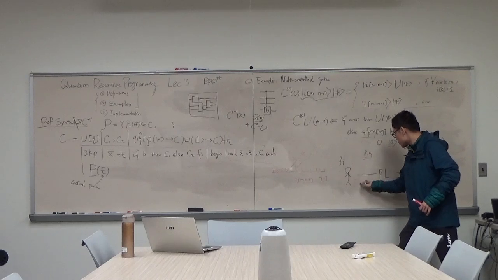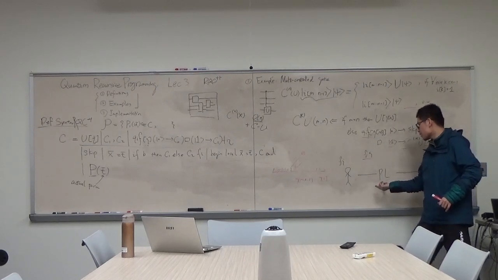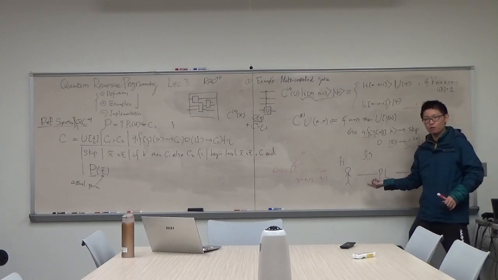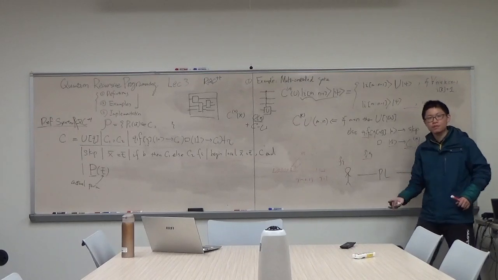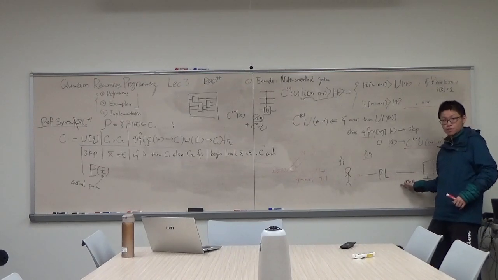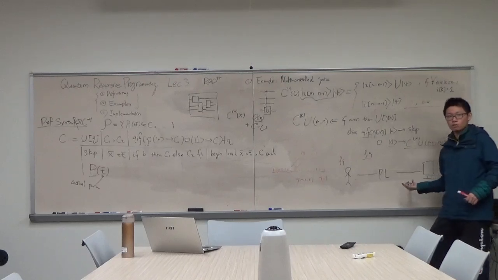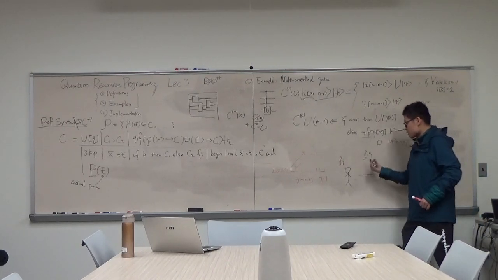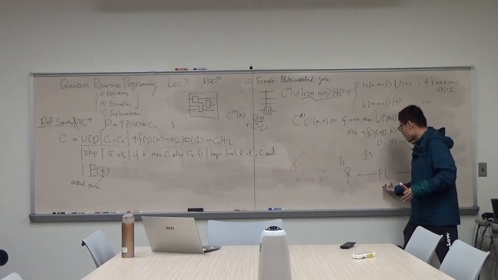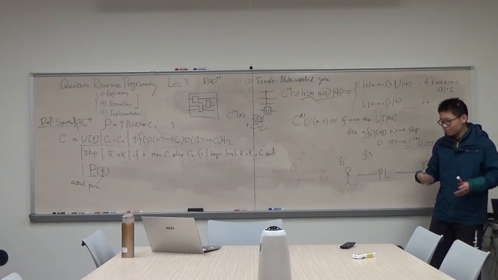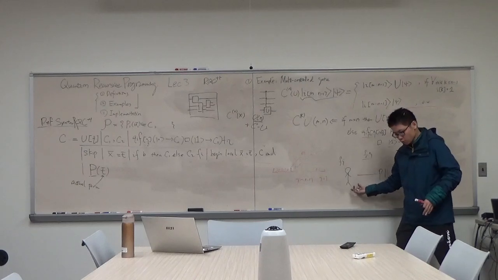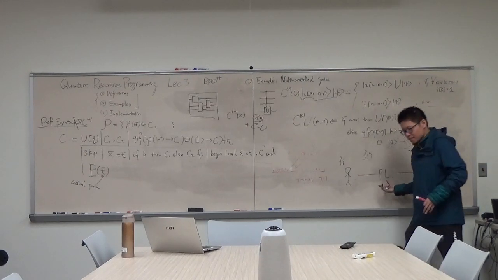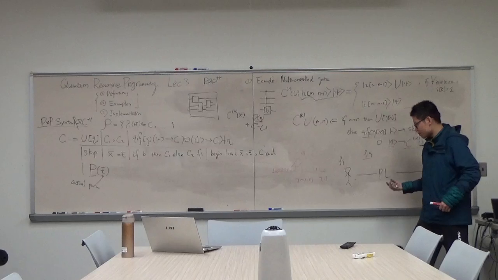The quality of how you write the program will affect your complexity, and the compilation and implementation part will also affect your complexity. And one goal of programming languages is the convenience of the human. So convenience is also an important factor.